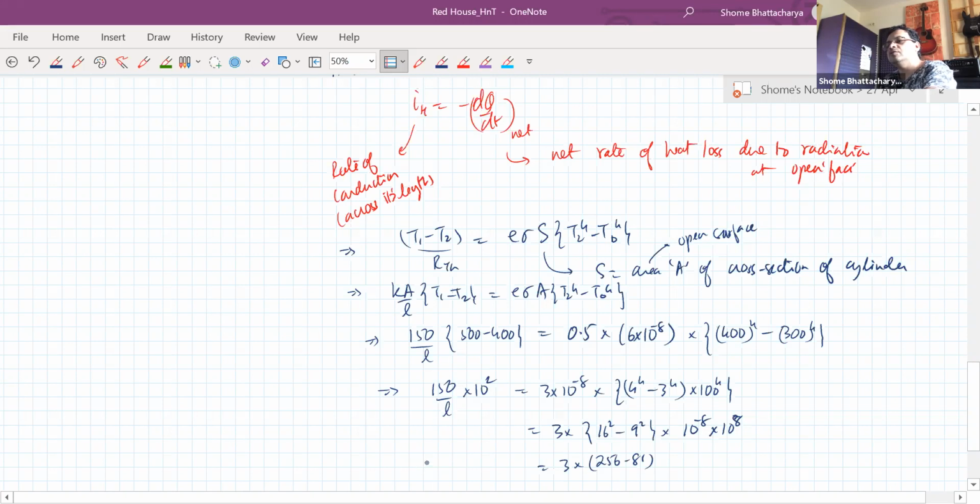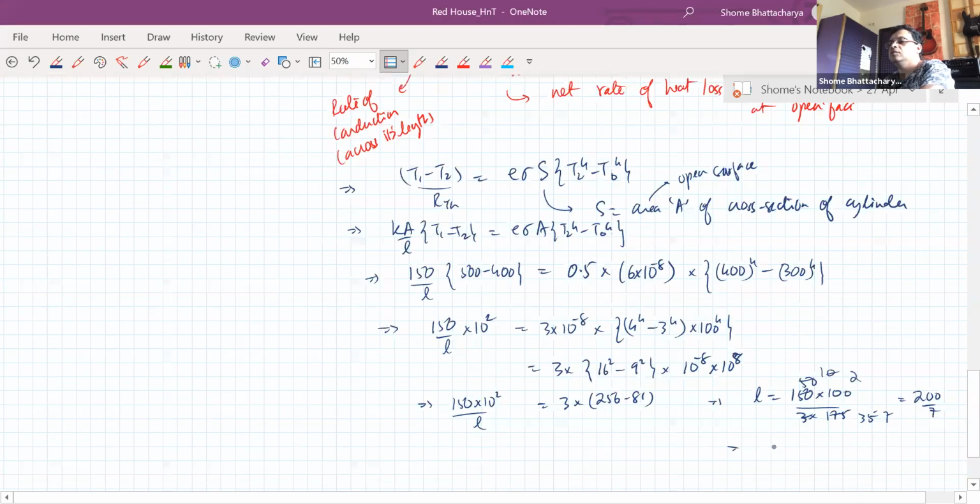And on this side, we have 150 into 10 raised power 2 divided by L. So from this, I should be getting L as 150 into 100 divided by 3 into 175, right? So I'm getting the answer as 200 by 7. You can just check. It's approximately the same. So this will be very close to 30 meters.